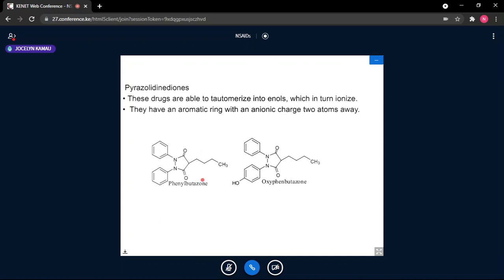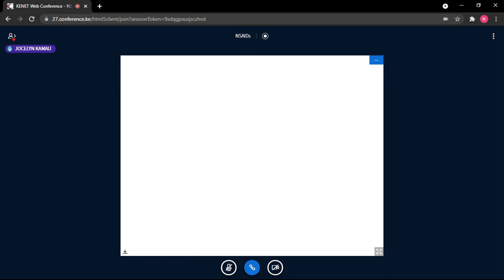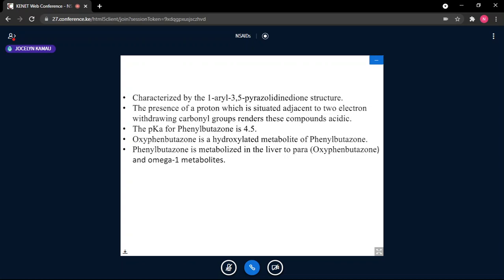Again, this drug was still found to have some toxicity, still blood disorders, and it can only be used when none of the other safer anti-inflammatories is effective. So you can only go for it when none of the others within the market is available.